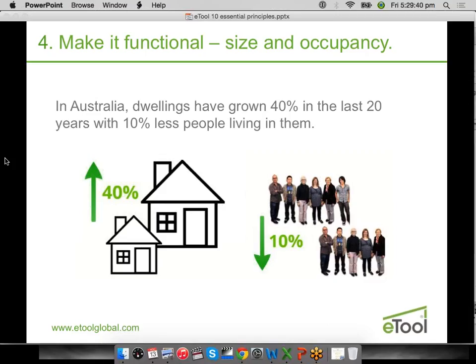The size of the dwellings are now reducing, which is a good functionality outcome. In the past 20 years, the houses have grown 40%, and we have 10% fewer people living in them. Very poor functionality performance. But now there's a trend reducing the size of the dwellings and having more people living in them.